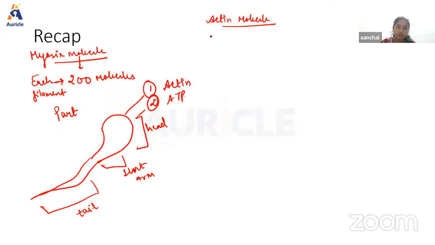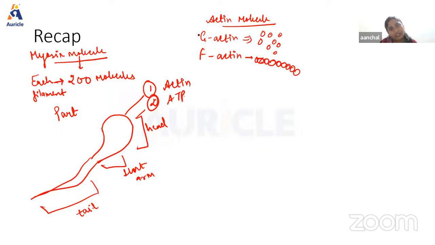So the G-actin are small protein molecules, okay? And when we talk about the F-actin, they bind with each other and form a chain like this, okay? These are known as globular actin, right? And F-actin is the combination of all the globular molecules.